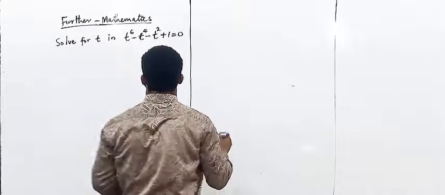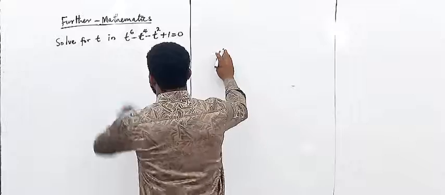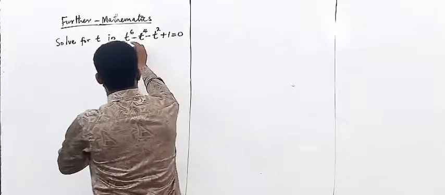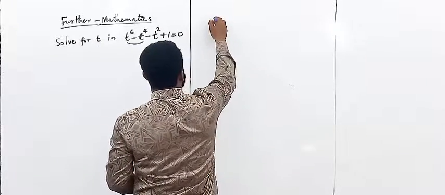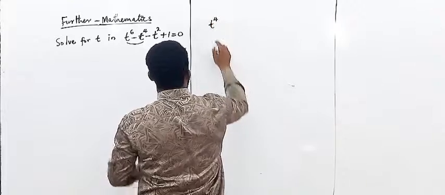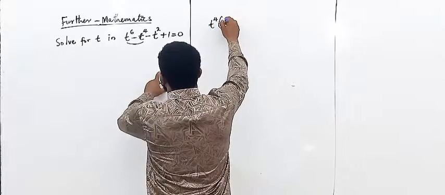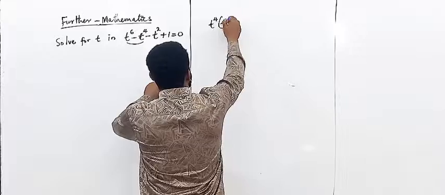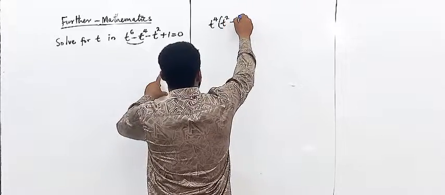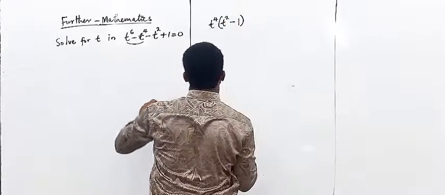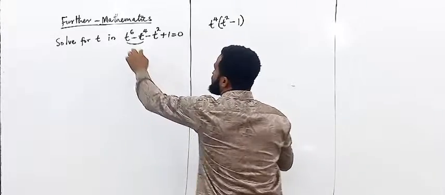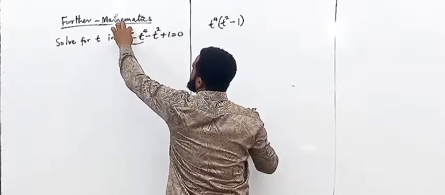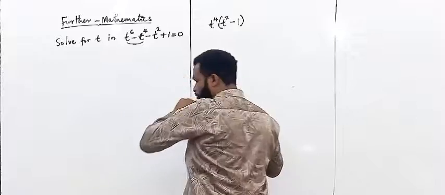At this point, I'm going to factor these two. So I have t raised to power 4 bracket t raised to power 2 minus 1. Do you know what I did? Let me show you what I did.